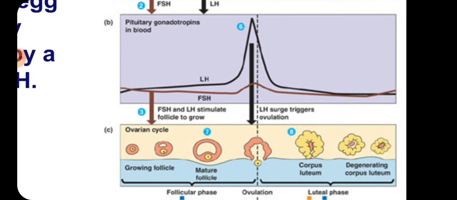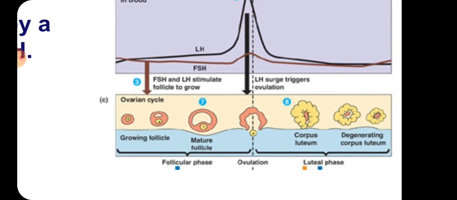When follicle stimulating hormone and luteinizing hormone stimulate follicles to grow, here you can see the smallest follicle, on the leftmost side, which is growing, and then finally it matures. And you can also connect it with diagram B with the levels of LH and FSH. And this is the follicular phase.